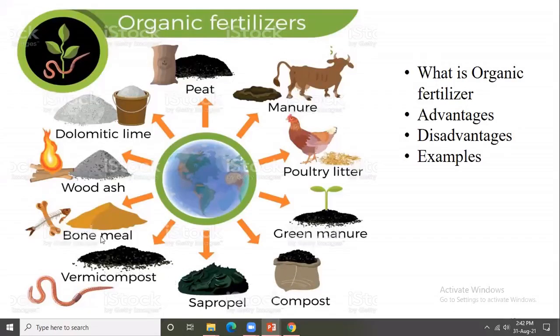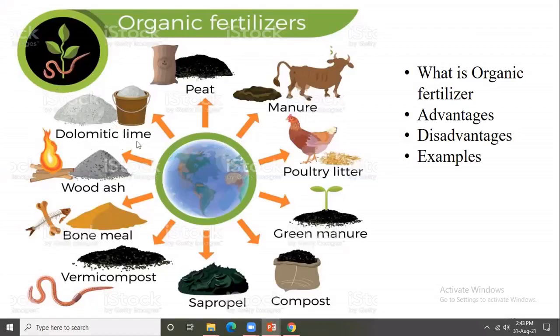You know vermicompost very well, but maybe not the name. In your childhood you played with them in the rainy time, so I think you know. And bone meal, which we prepare manually. And wood ash also. After the husk is burnt, we cut the tree and prepare that ash.